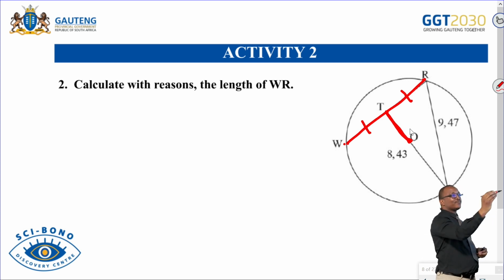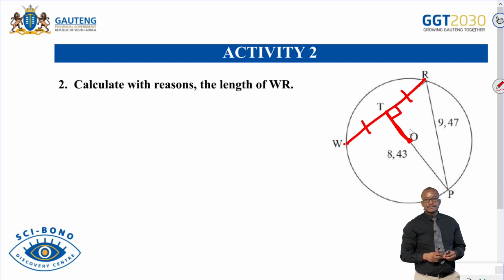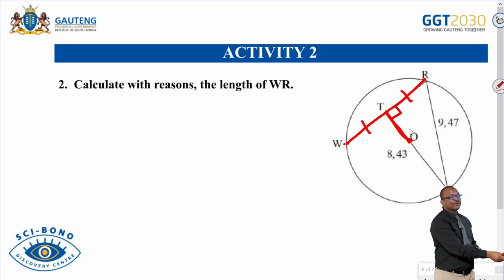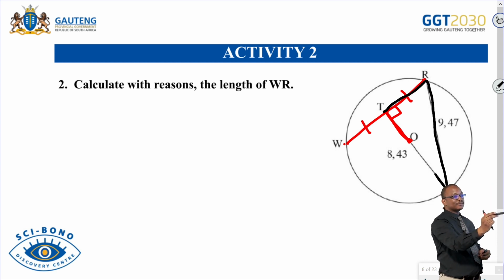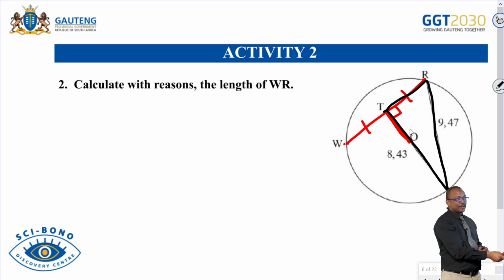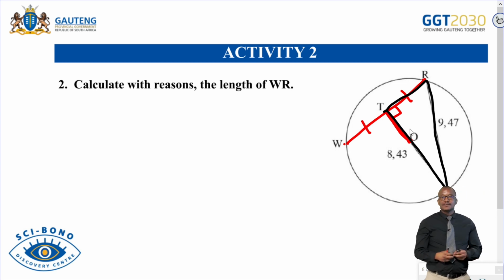Then at the midpoint, we know that it is perpendicular to the chord. Then the minute it's perpendicular to the chord, we can look at the bigger picture, which is our right angle triangle.